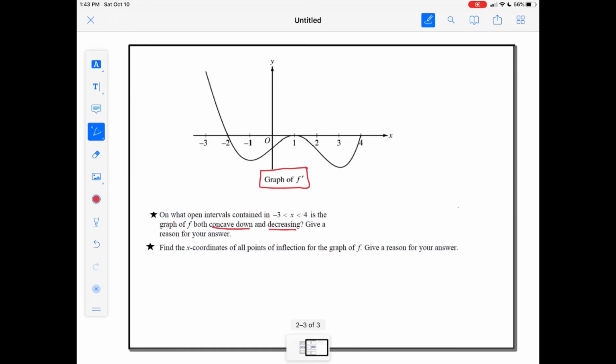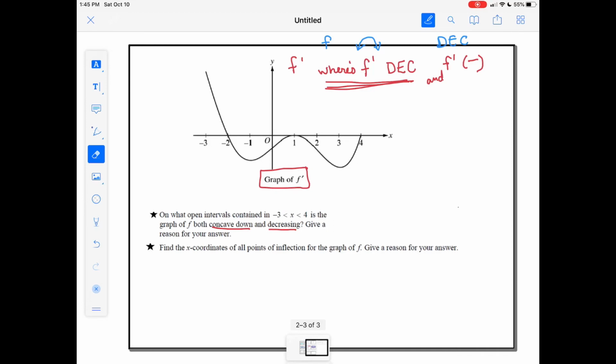If f is going to be concave down, then on this graph I want to see where f prime is decreasing, and if f is decreasing, my f prime is going to be negative. So I need to look at this graph and figure out over what interval is f prime decreasing and negative.